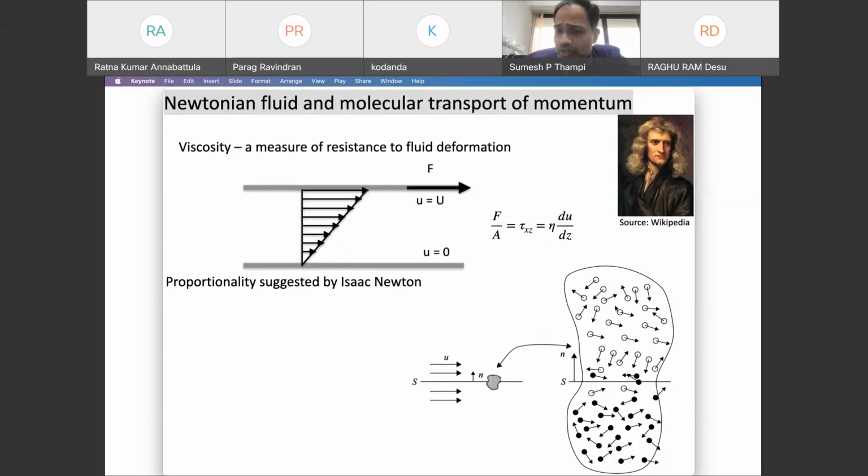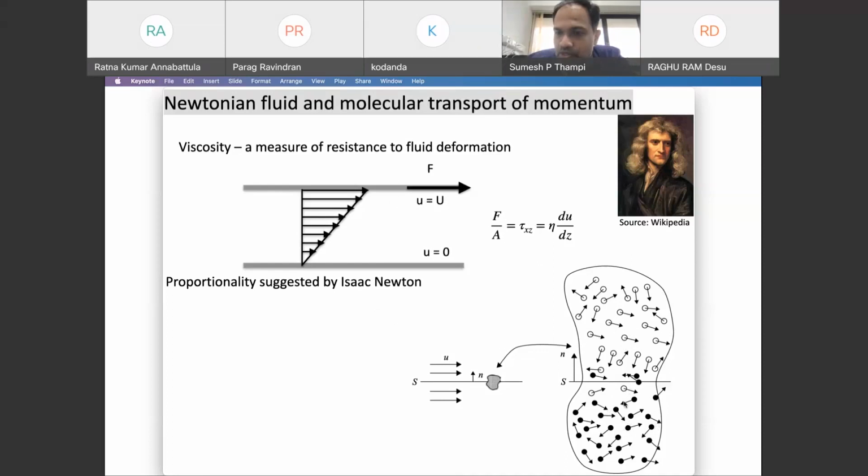Now, you know that all of them are moving around, meaning that some of the shaded ones are going to go up, while some of the open ones are going to go down, right? Now, if there exists a velocity gradient, that would mean that all the open ones will have a larger velocity in the horizontal direction compared to the shaded ones.